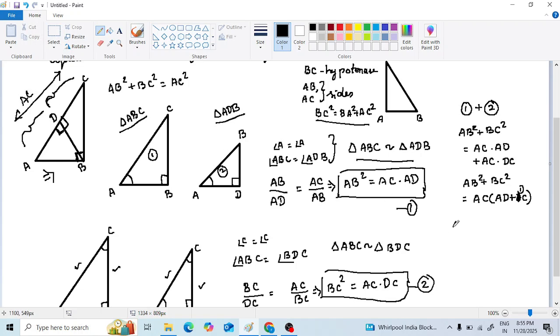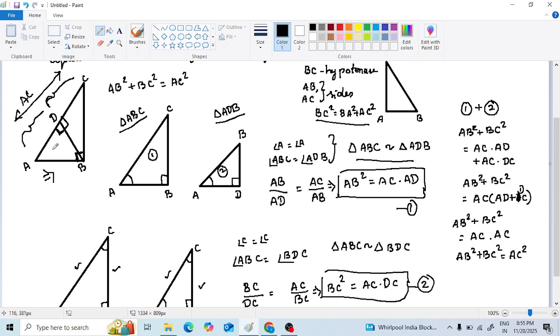Therefore, I can write this equation as AB square plus BC square is equal to AC into AC. Therefore, AB square plus BC square is equal to AC square.